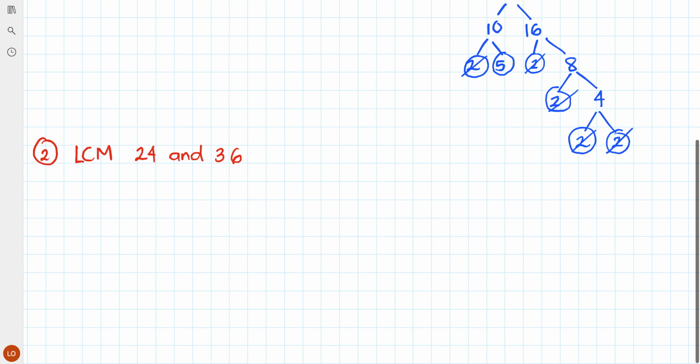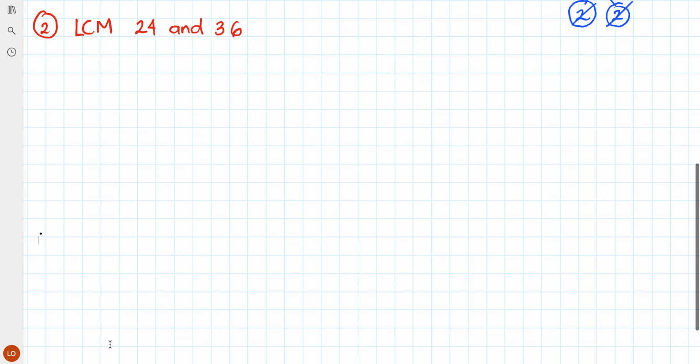So we have to do exactly the same thing as what we did before. We have first to break up our numbers into their prime factors, or their building blocks, so that we can find the lowest common multiple, or the sum between 24 and 36, that has to have the building blocks of both 24 and 36.